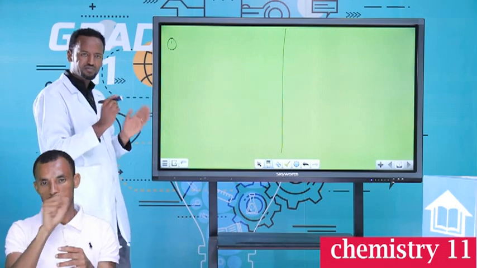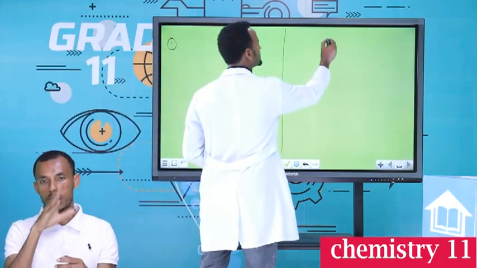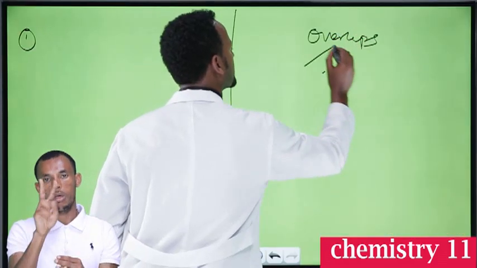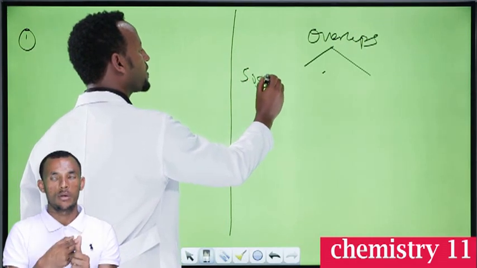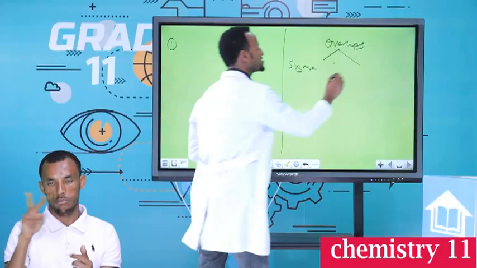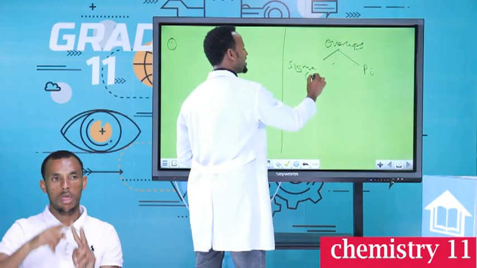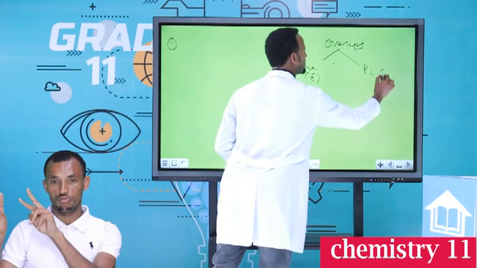Before SS, PP, and SP, there are two types of overlap. One is sigma, the other one is pi. Sigma is represented by this symbol. Pi is represented by this one.